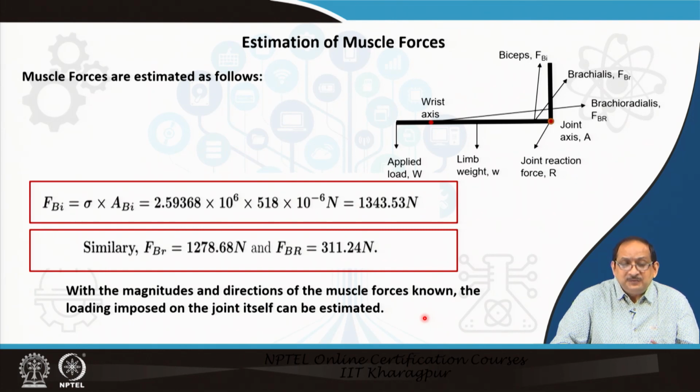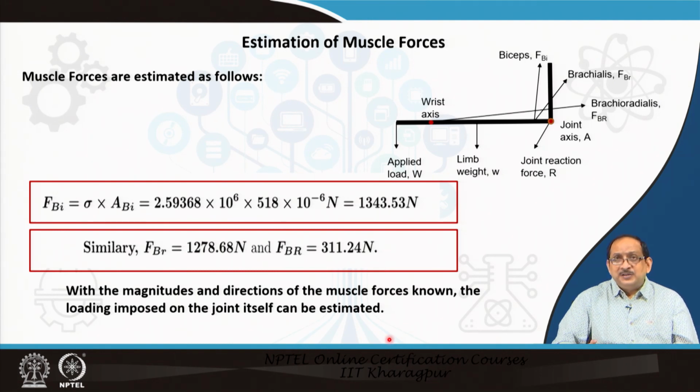Using this value of stress and the corresponding cross-sectional area, we can individually calculate the muscle forces of the flexor muscles: biceps, brachialis and brachioradialis. The values are calculated as shown in the figure.